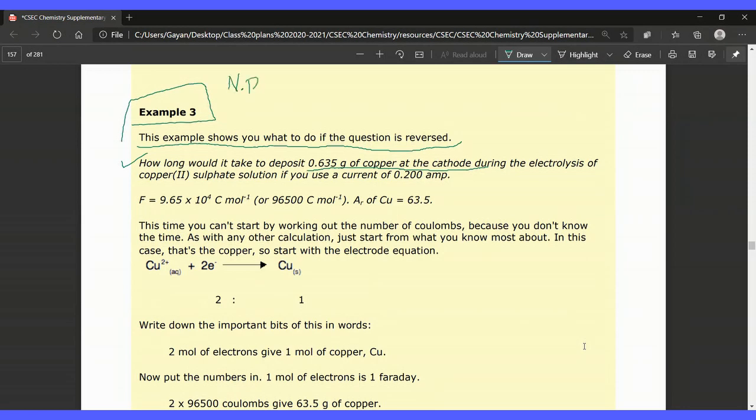I want you to make a note of something that is not relevant for this, but it's relevant for your past paper. If you get something in kilograms, you are to multiply it by 1,000 to get it into grams. So just make a note of this now.